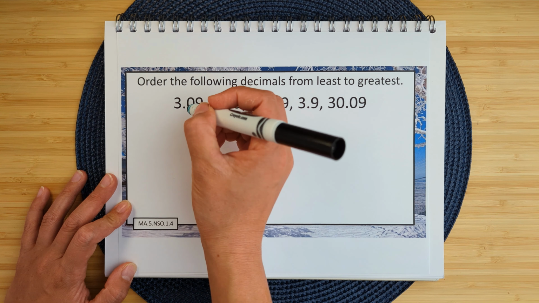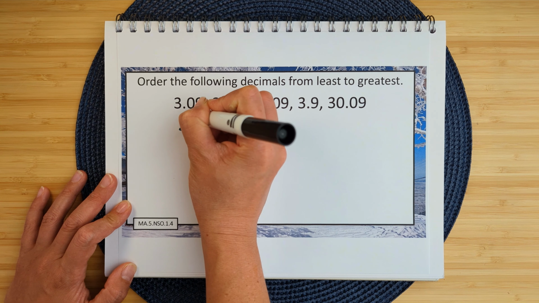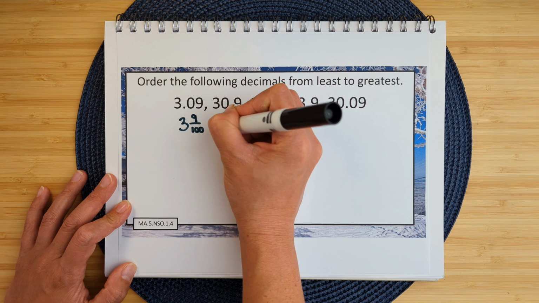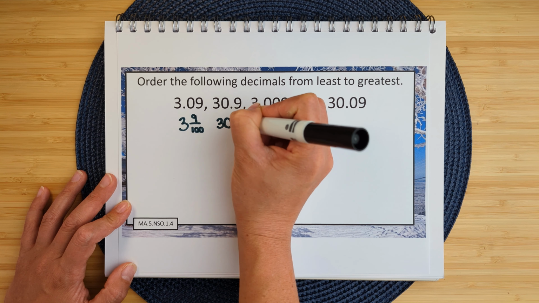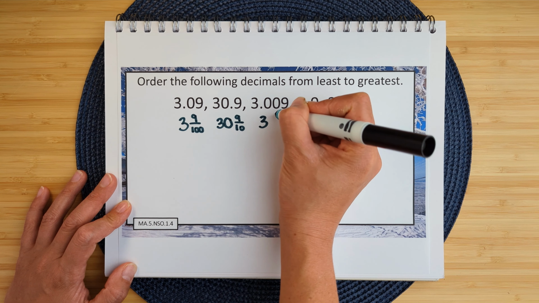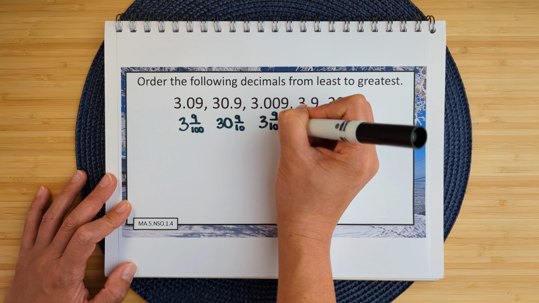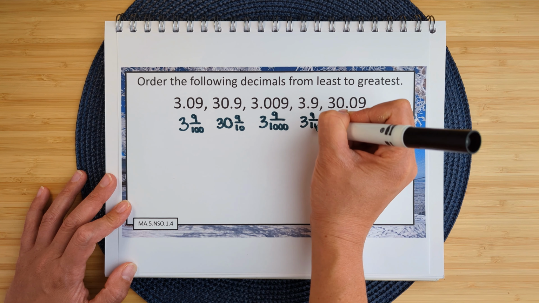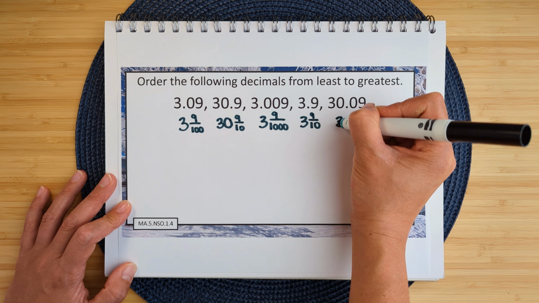So 3 and 9/100ths, 30 and 9/10ths, 3 and 9/1000ths, 3 and 9/10ths, and 30 and 9/100ths.